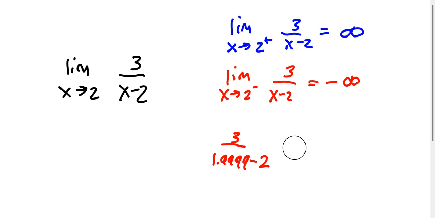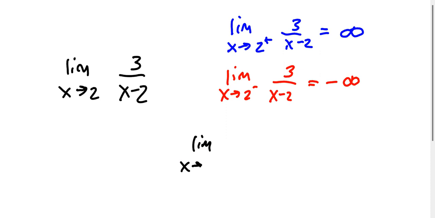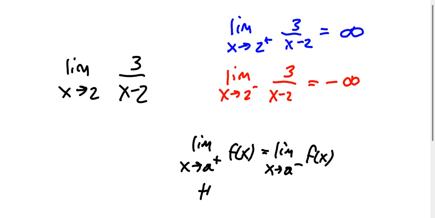Now that we've taken both sides of this limit, we can say something about all of this. If the limit as x approaches a from the right side of f of x is equal to the limit as x approaches a from the left side of f of x, then we know that the limit as x approaches a of f of x exists.